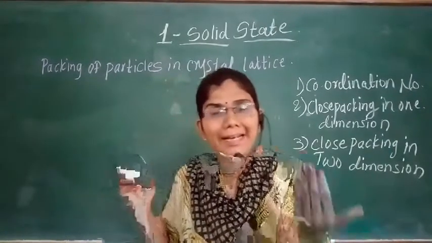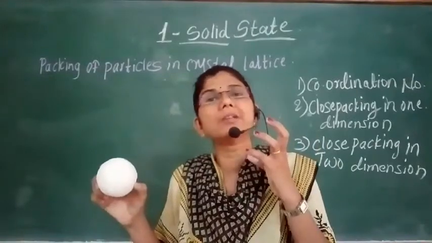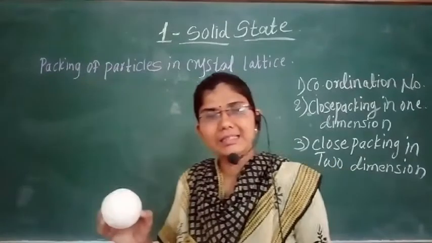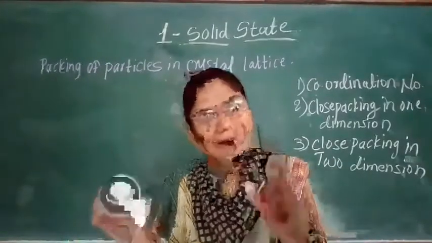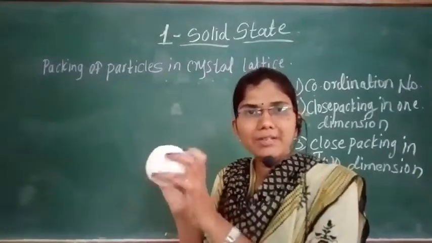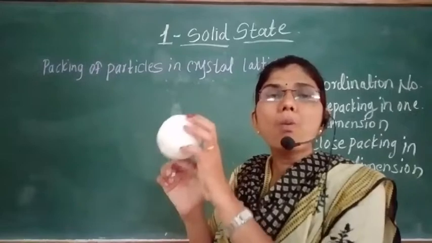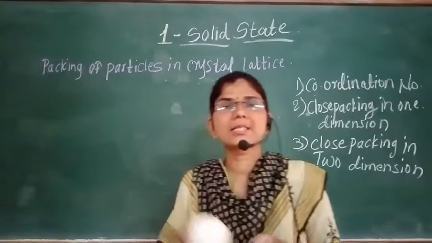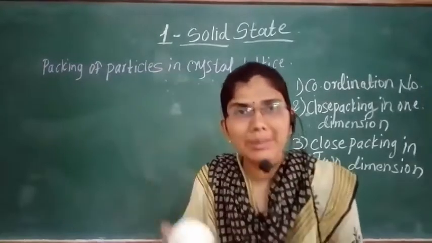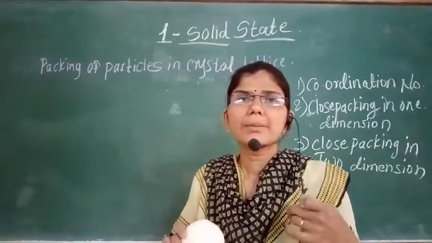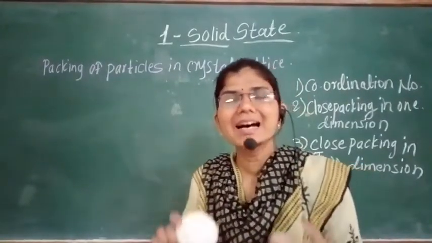When describing the closest packing, the particle is considered as a hard sphere, just like this. One particle is considered as one sphere. So we have to remember that while describing the crystal structure, the particles are considered as hard spheres.